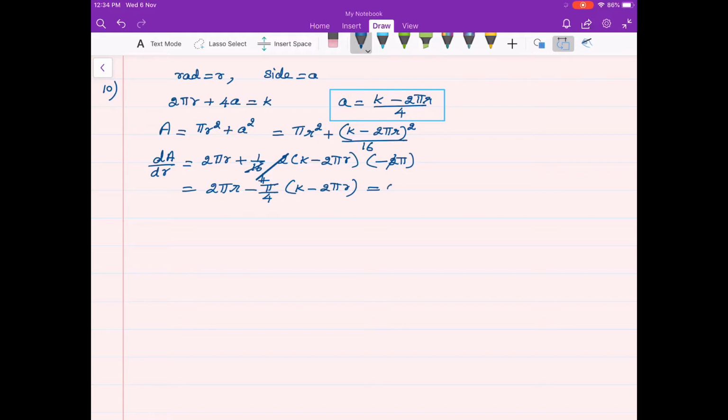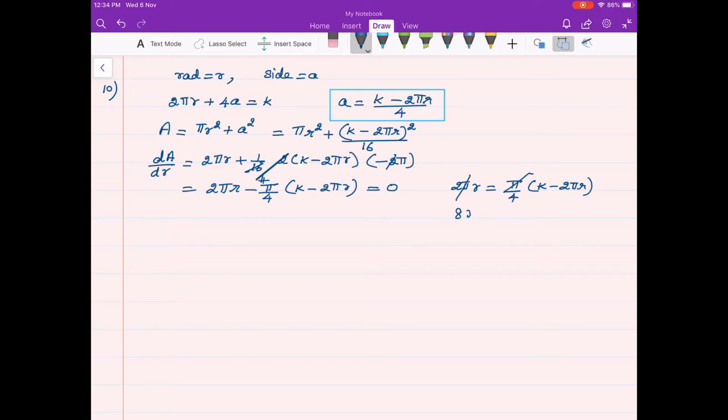Equate the first derivative to 0. We get 2 pi r is equal to pi by 4 times k minus 2 pi r. Pi gets cancelled.